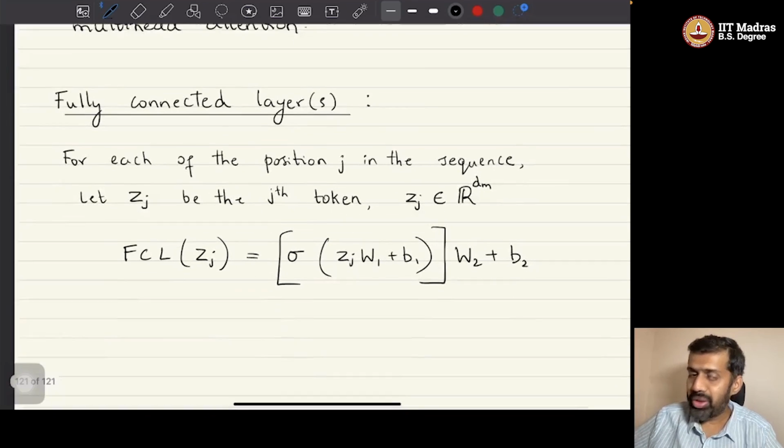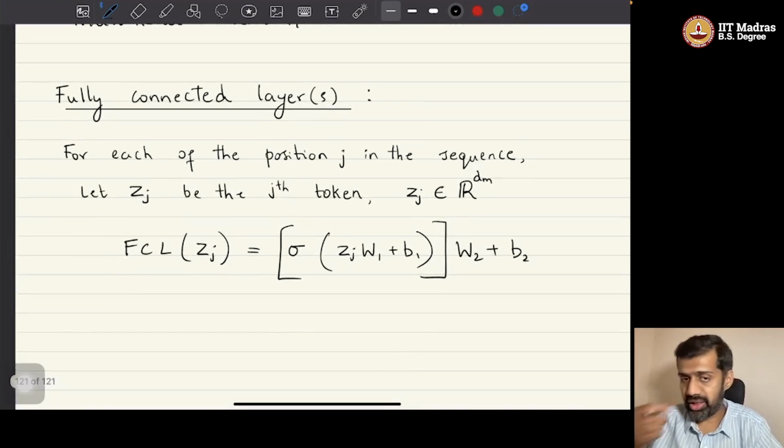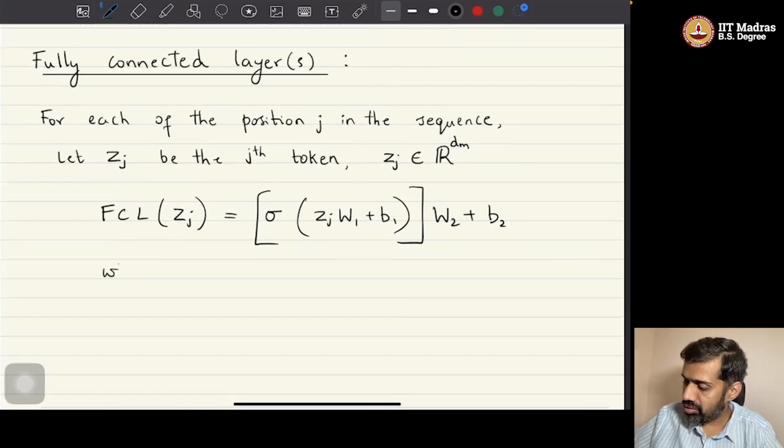So this is one example of how one would apply a fully connected layer. This is a single hidden layer neural network where sigma is a nonlinearity.